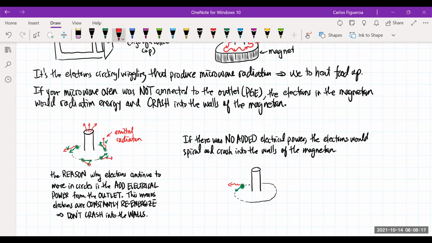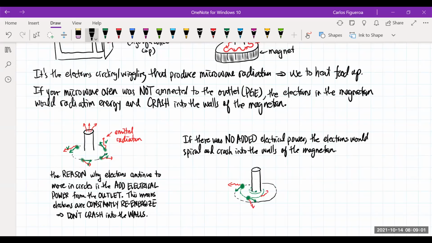And as it emits radiation, it loses energy, so its path is now shifted. Instead of going in a circle, it's now going into a smaller circle, but it continues to radiate because it's still moving in a circle. So you get this constant radiation, and as a result, this thing just spirals, and then boom, it crashes right into the walls here. So it's constantly emitting energy in the whole process.